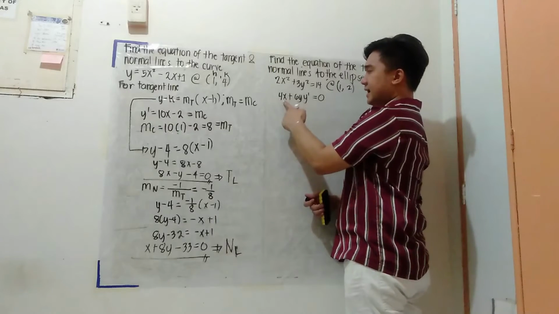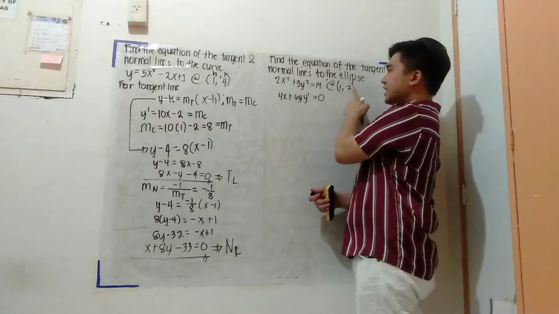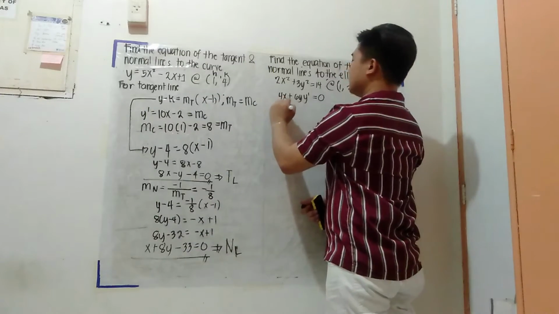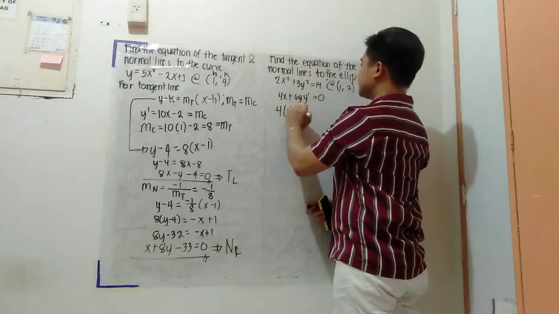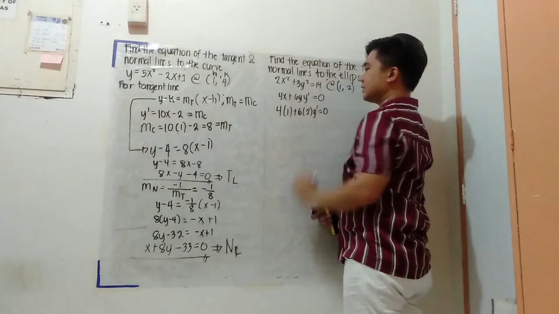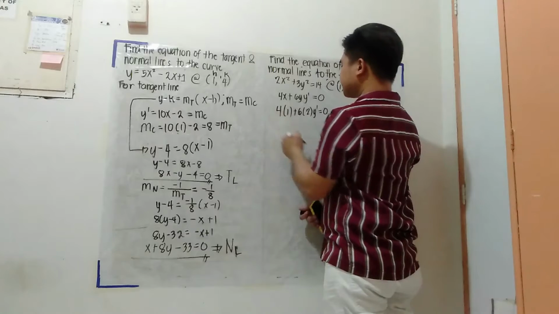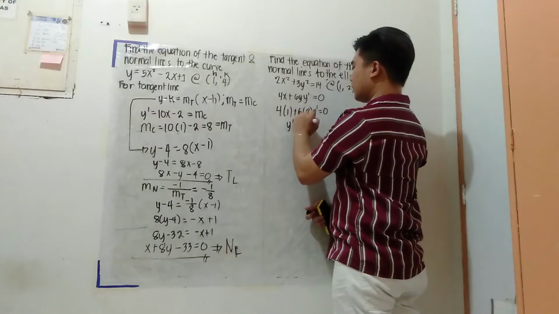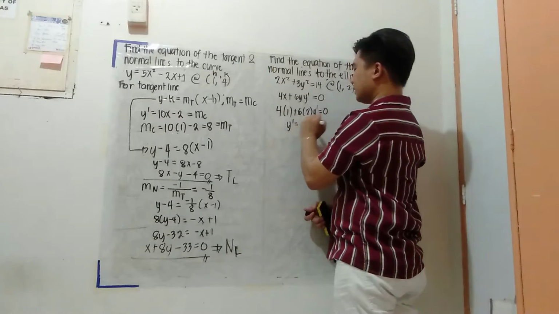Okay? May x, may y, may hk ka, eh di ba x and y din yun? So, 4 times 1 plus 6 times 2, y prime equal to 0. So, y prime is equal to 4 over 12.